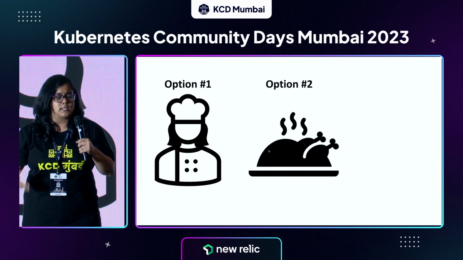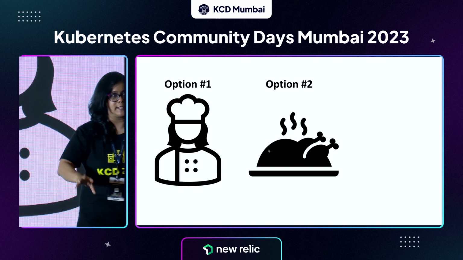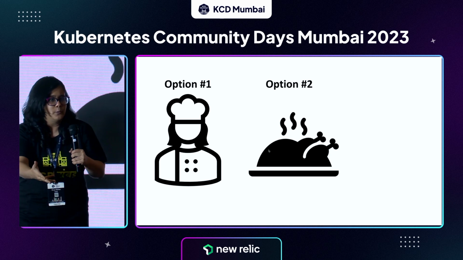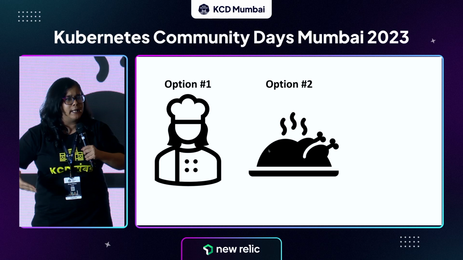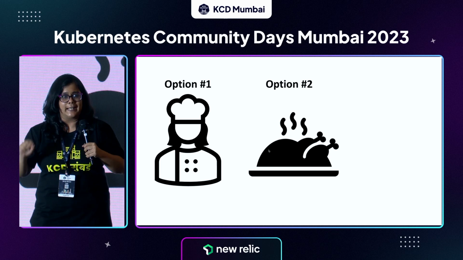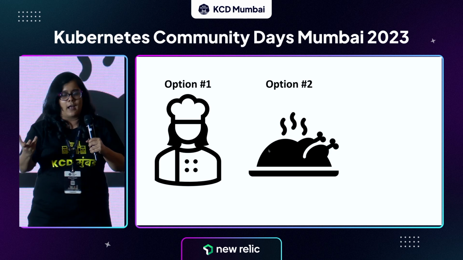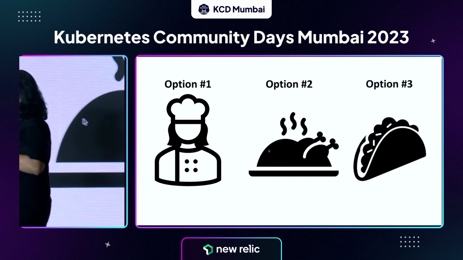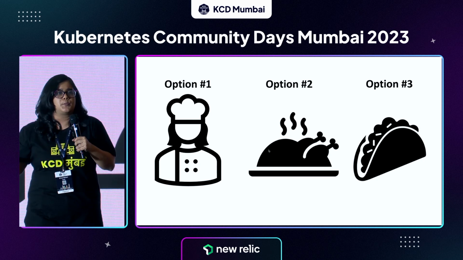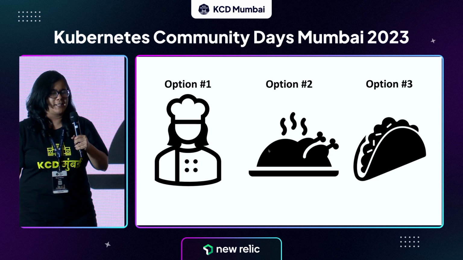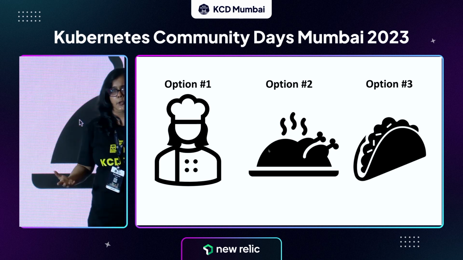If you had leftovers in your fridge, would you whip up something brand new from scratch? You wouldn't. Why would you? Because there's already food that should not be wasted. So you'd probably consider reheating the leftovers, or if you're slightly unhinged, you'll just take the food out of the fridge and eat it. If it was pizza, I think I would just do that. So there are like 3-4 options available. One, you cook something from scratch, or you order just another takeaway. You reheat the food, or you convert it into something new.